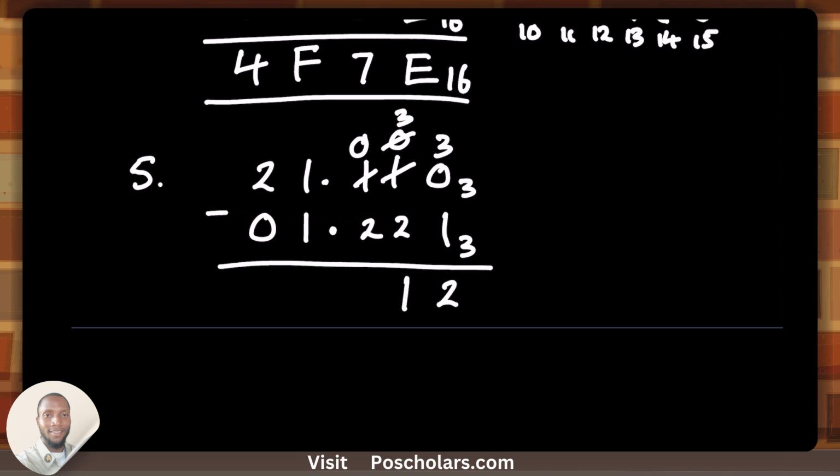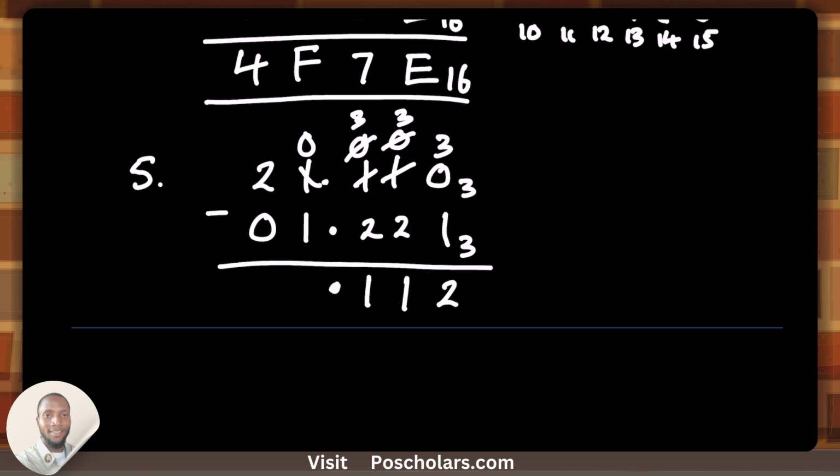Now 0 minus 2. Impossible again. You borrow 1 from this one. This reduces to 0. The one you borrowed takes the value of 3, which is the base. Now add 3 to this 0. This also gives 3. Now you can subtract. 3 minus 2 gives 1. Then your point.